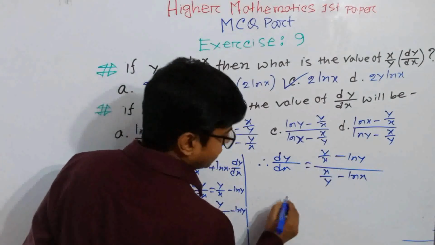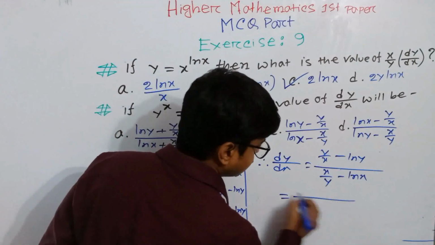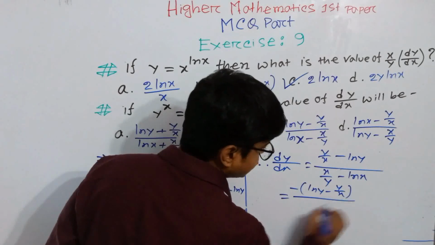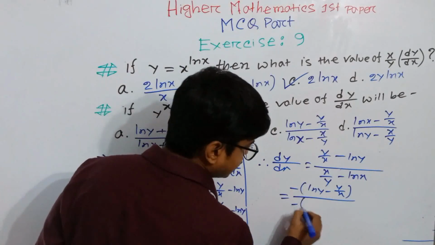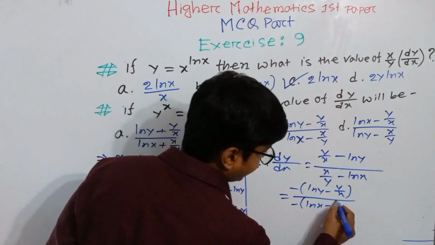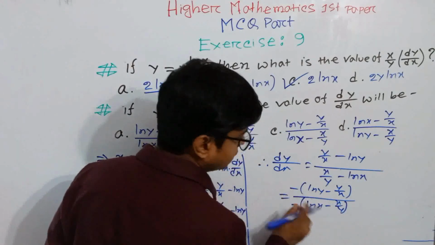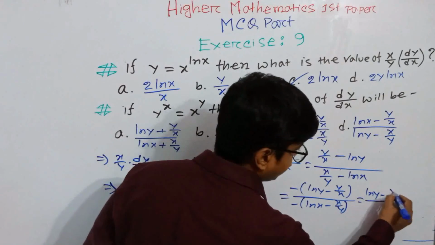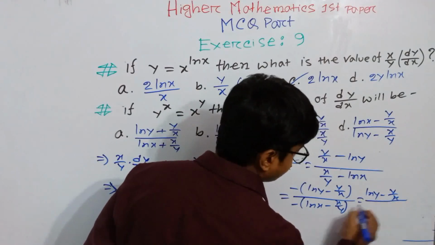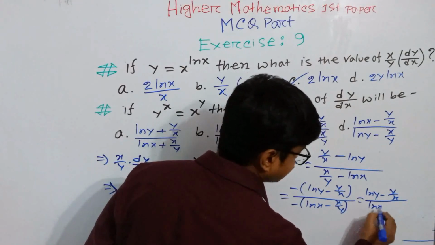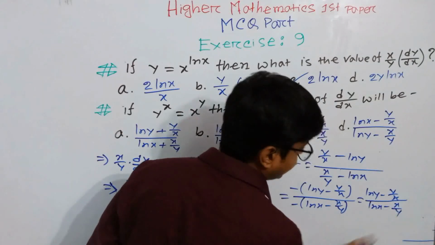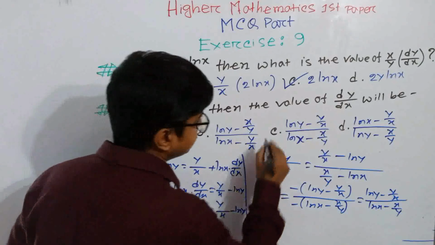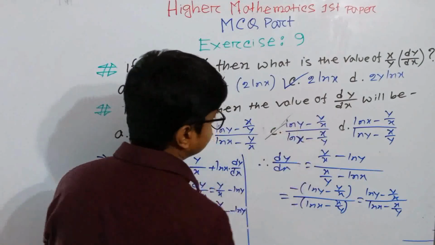Now after this line, we can write minus ln y minus y by x, and minus ln x minus x by y. After calculation, our answer will be (ln y minus y by x) by (ln x minus x by y). So our answer is option number C.